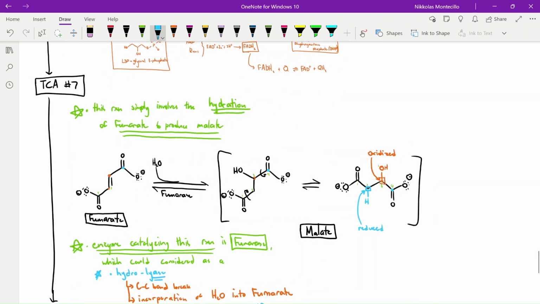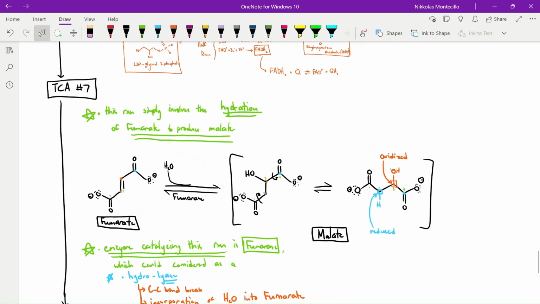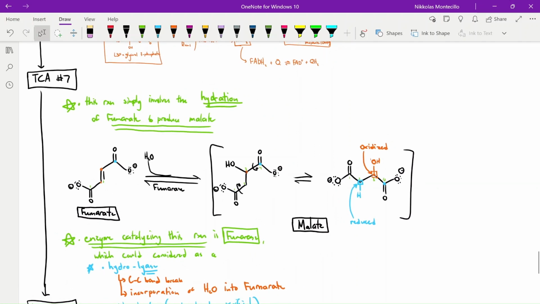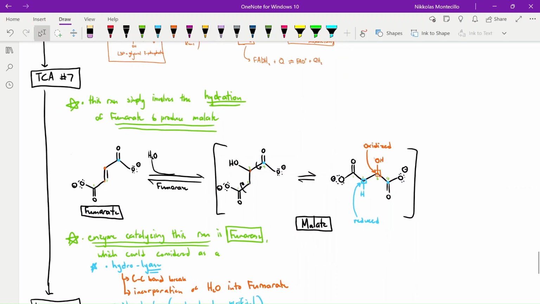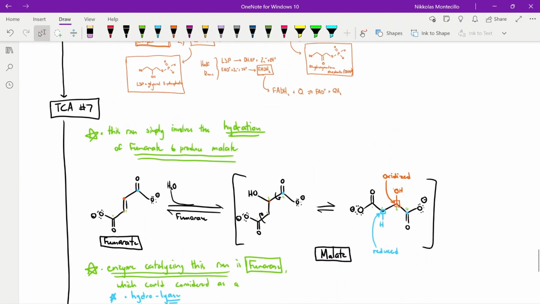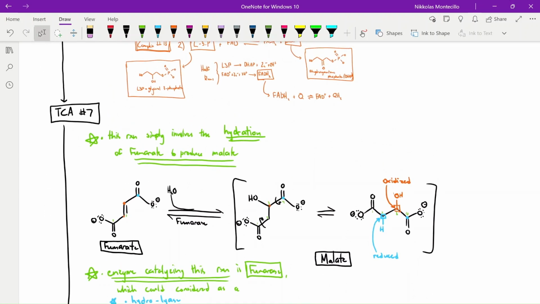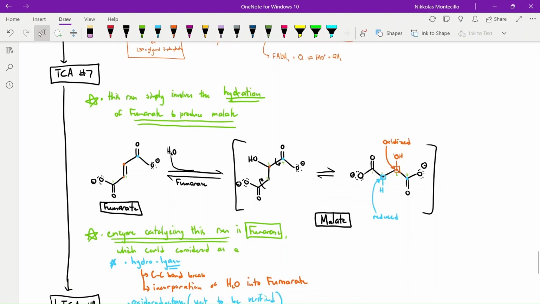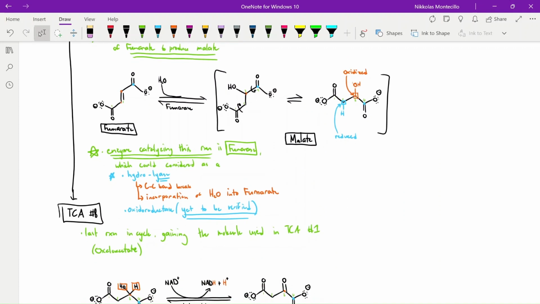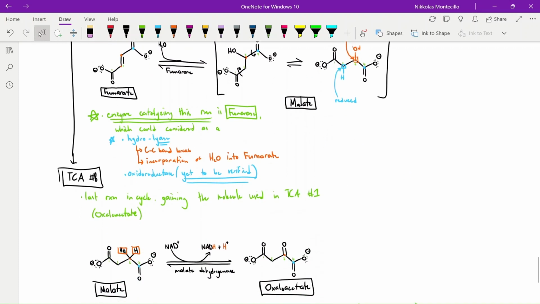Now, I also believe that the overall oxidation state of the reaction doesn't necessarily change. Yeah, no, the overall oxidation state doesn't necessarily change for this molecule, so we can't say that it is necessarily an oxidoreductase reaction.